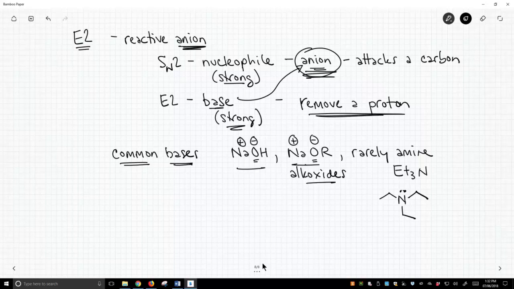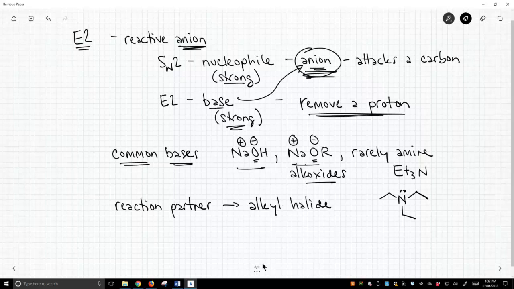So what does our base react with? As with almost all the big four reactions, it reacts with an alkyl halide. So when the base reacts with an alkyl halide, the base is going to remove a proton. So we're not reacting directly with the halogen in the halide.